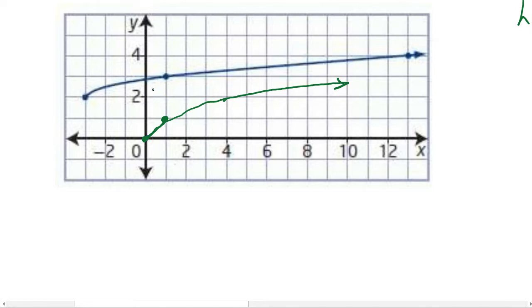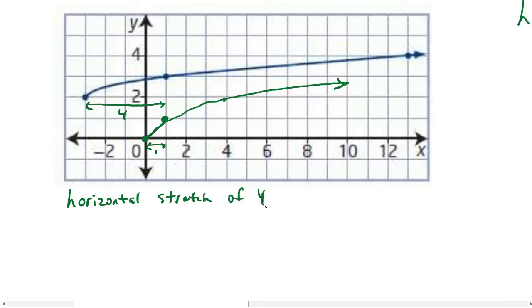Looking at our image function, there's a horizontal distance here of 4. So instead of the regular 1, the horizontal distance is now 4. So I realize that there has been a horizontal stretch of 4.